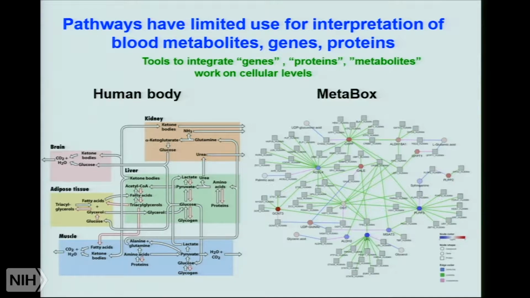The problem is that we want to achieve a systemic understanding, and usually we say we will look at genes and proteins and metabolites, but all these parts of the system work on the cellular level.